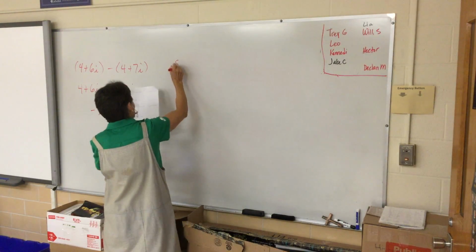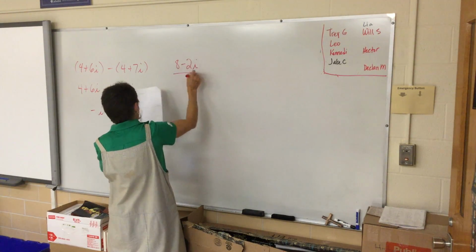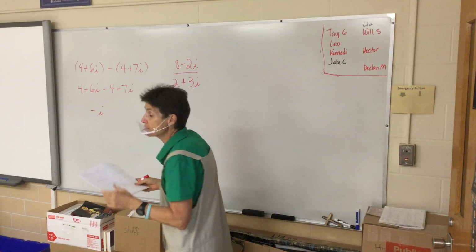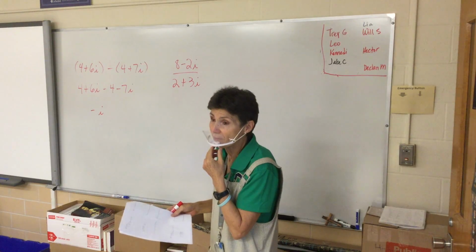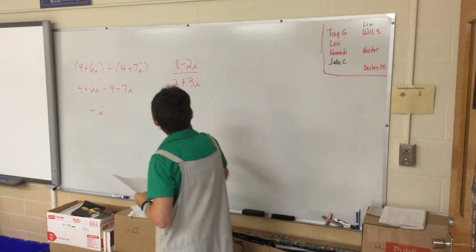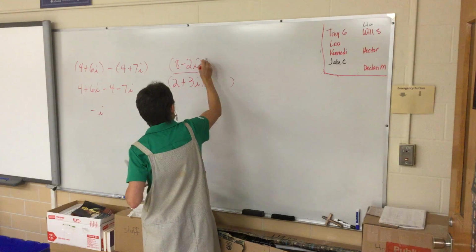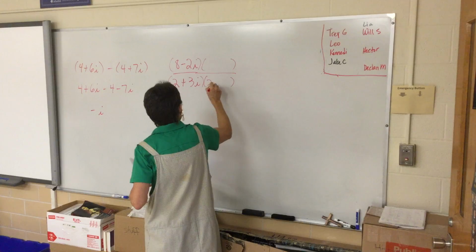Alright, this one's going to take a little bit more effort. What do we do here? Well, yeah, we're going to do some foiling, but we have to have stuff to foil first. So we're going to multiply the top and the bottom of the fraction by 2 minus 3i.